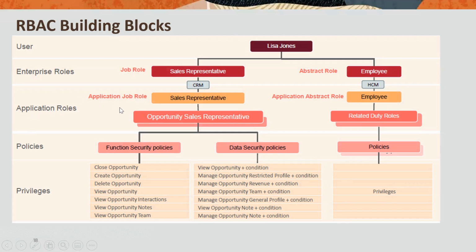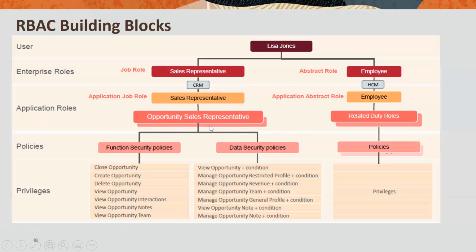Now, in sales representative, we have different roles, right? Here, opportunity sales representative can be a duty role. It will define what actions, or what all things, the opportunity sales representative can do for opportunity.